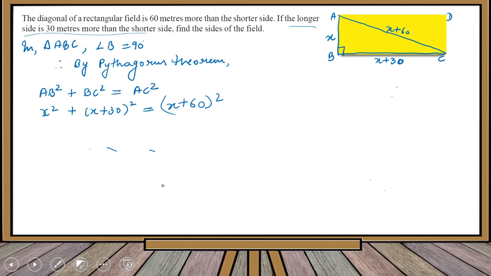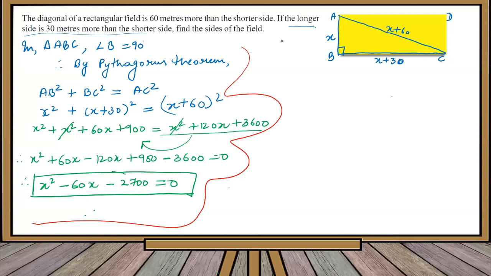Now let us expand the brackets and form this into a quadratic equation. So the required equation after opening up the brackets is x square minus 60x minus 2700 equal to 0.